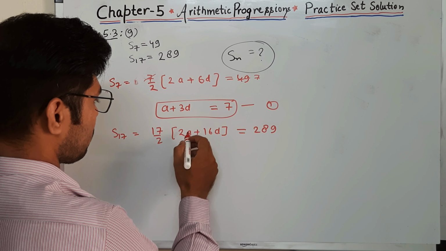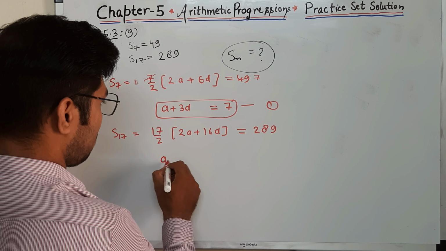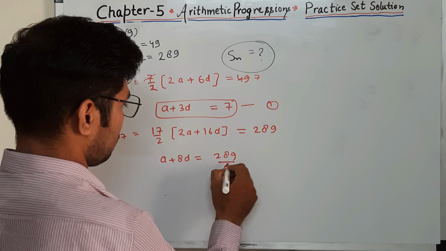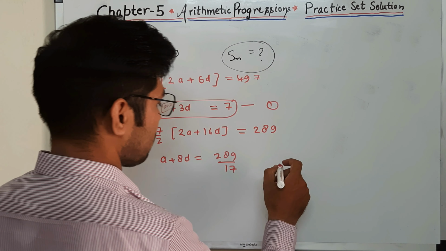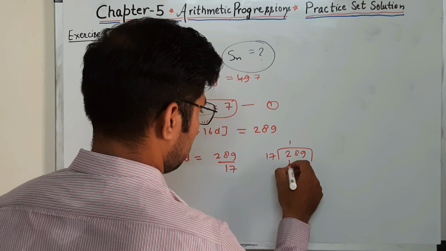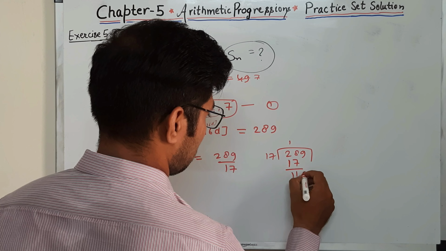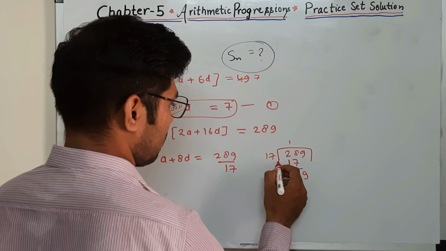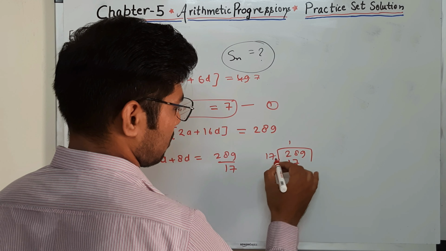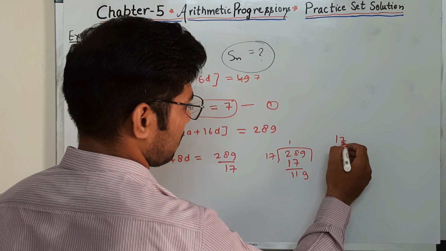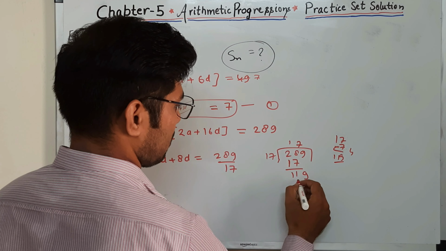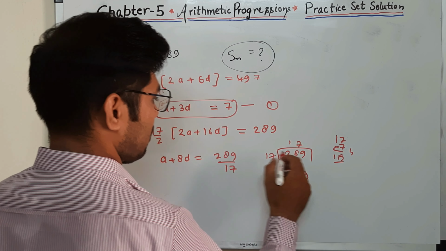Now divide this 2 here, we get a plus 8d is equal to 289 upon 17. Let's divide this one, 17 into 17, so this will be 17.